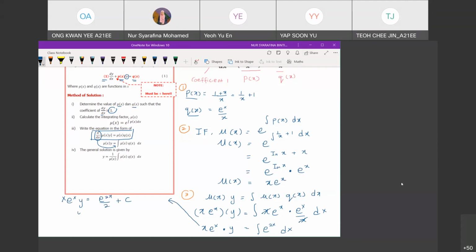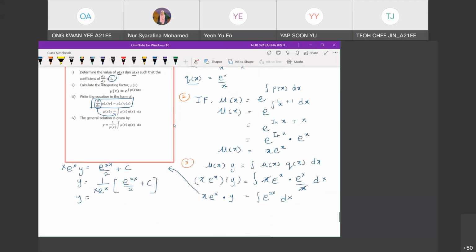So y equals 1 over x e^x multiplied by e^(2x) over 2 plus c. You can simplify: the final answer is y equals e^x over 2x plus c over x e^x. So this is your y. Okay, understand or not?